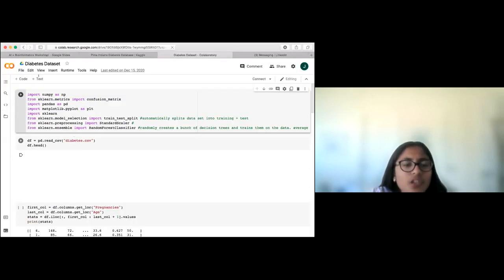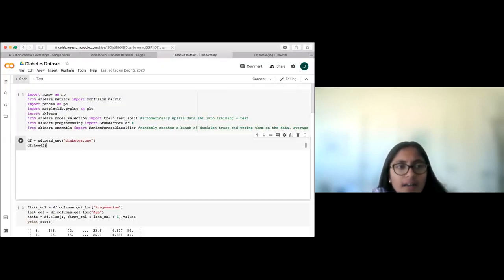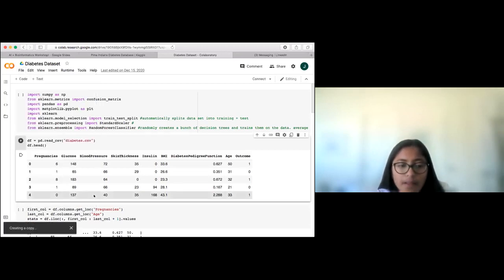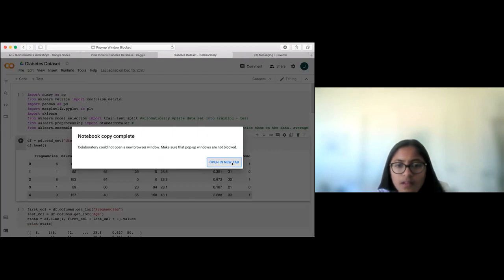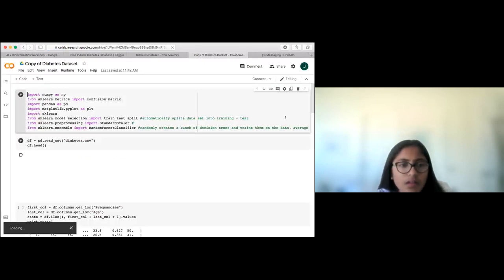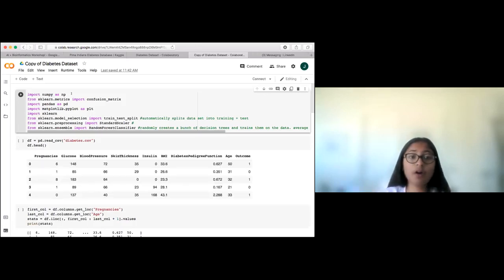Okay, so what I'm going to do is make a copy first. To make a copy, you basically just save a copy in Drive, and I'm going to open it in a new tab. Okay, and then I have this file and I want to use it, but where do you upload the file?